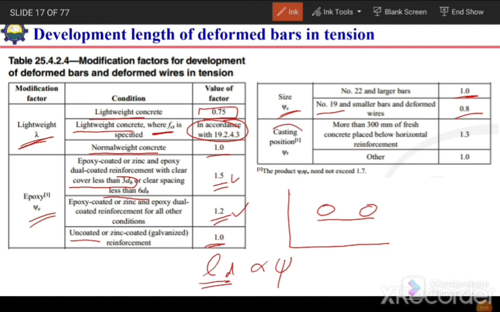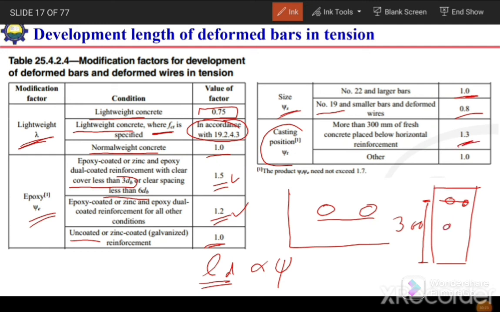Okay, next is casting position, psi t. For top bars, if the depth of concrete cast below the bar is more than 300 millimeter, for example, here we have placed bars and the depth of the concrete cast below this position is more than 300 millimeter, in that case we will use a factor of 1.3.